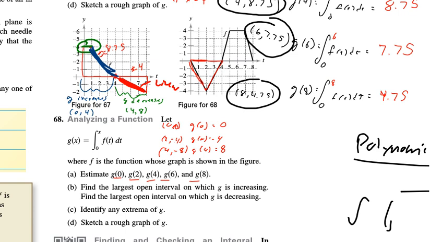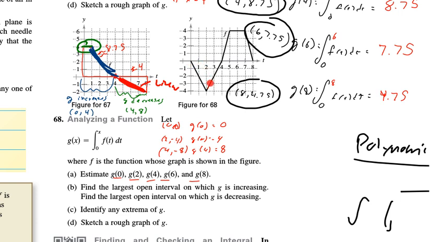The area is going negative. So our graph of g starts off at 0, and then goes down, decreasing, decreasing, decreasing until 4.